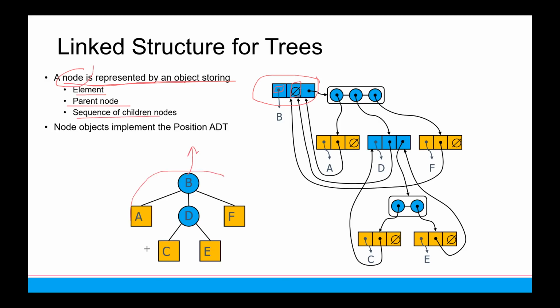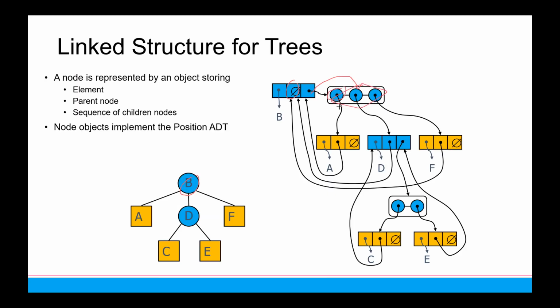So let's say this is the tree. This is not a binary tree because we have 1, 2, 3 children. This is only a tree. If you check this one, P, there is no parent, and for the children there will be 3. So it is a sequence of the children.